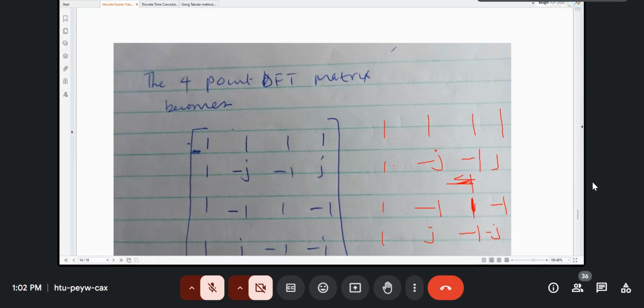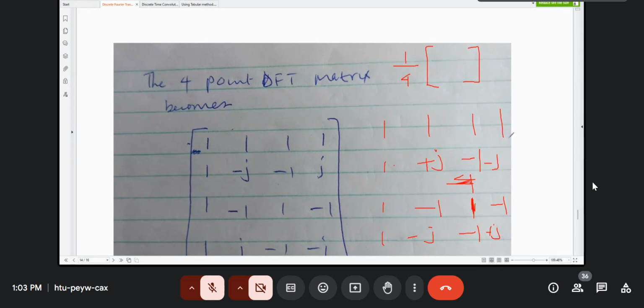And the 4-point IDFT matrix, the inverse, is simply 1 over n, a quarter, times this matrix. It is almost the same matrix, except now this becomes plus j, and this becomes minus j.